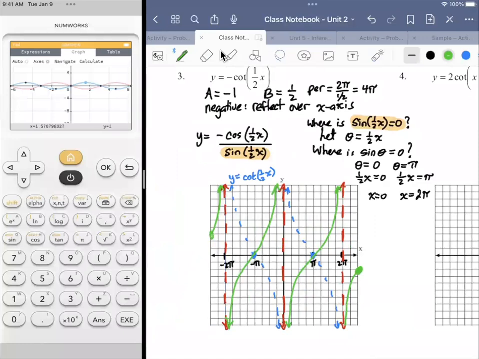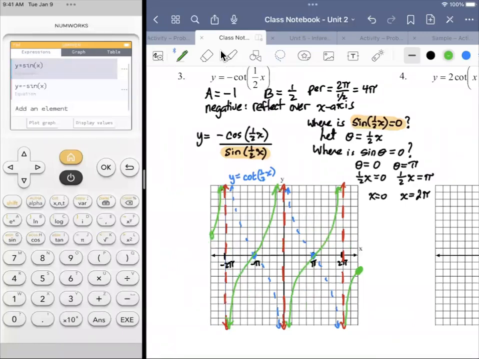All right, so let's take a look at the graph. This was cotangent, but I'm sorry, negative cotangent: toolbox, cotangent, 1/2 x.